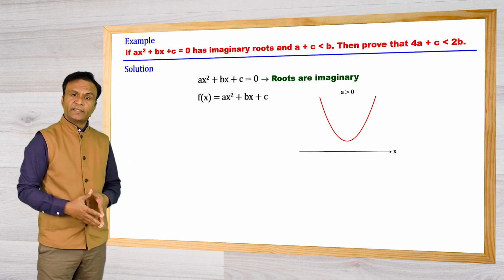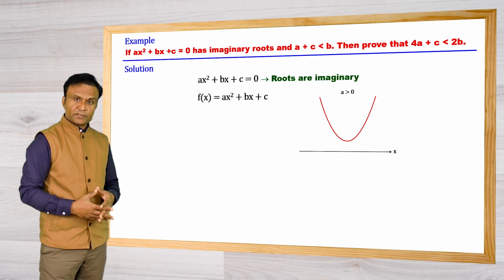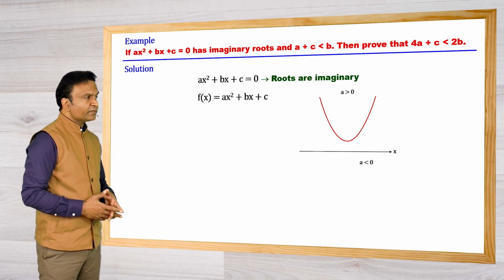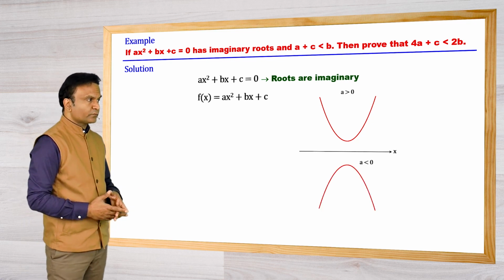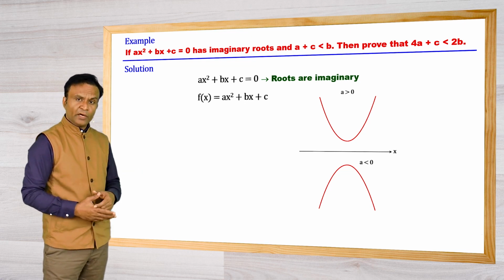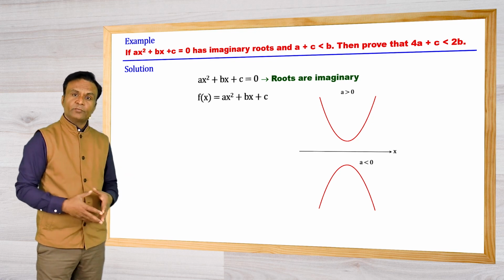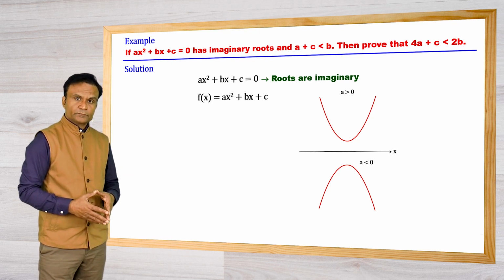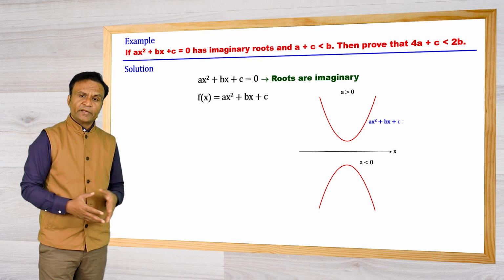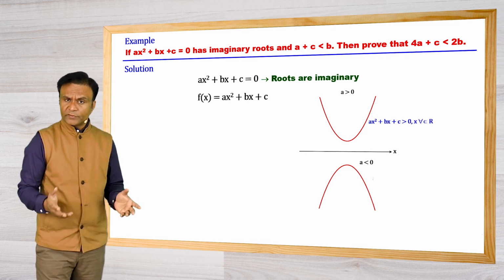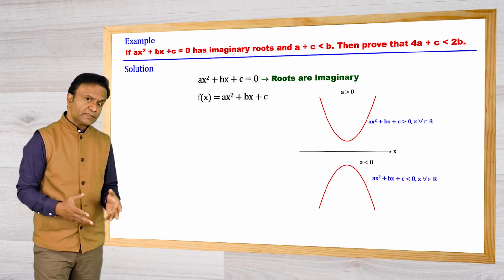It is not intersecting the x-axis because D is less than 0. In the second graph, a is negative, so it is concave downward and it is always lying below the x-axis. That means this quadratic function is either always positive or always negative.